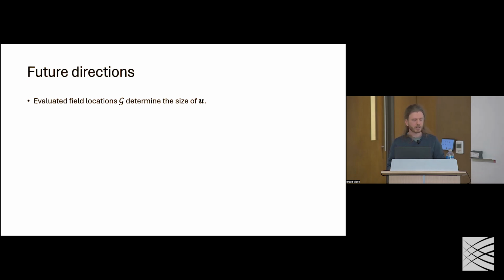And for future directions, the main point is the size of U, which we consider to further optimize, and there are various options here. So the first idea we have is to perhaps have a sparse or uneven set of points G, where we evaluate our fields. And of course, this would probably require a different parametrization. For instance, attention parametrization is quite well suited in this case.